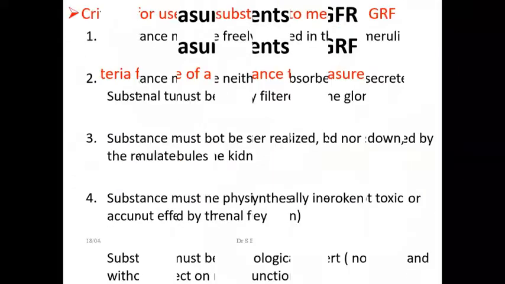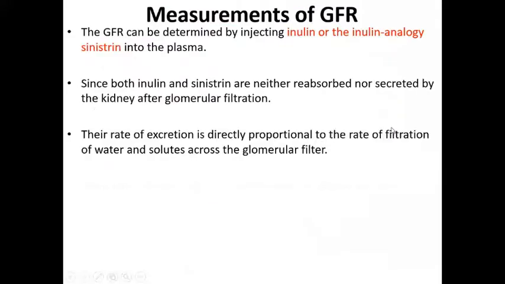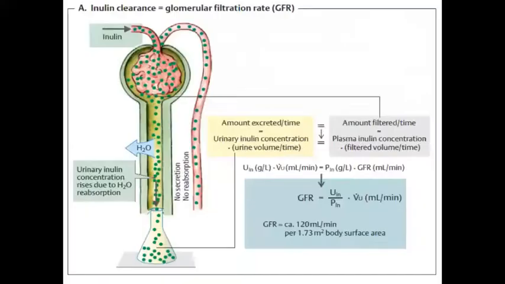Remember, the previous equation said the glomerular filtration rate is about 125 milliliter per minute. Even this new equation, which is more practical, gives similar values: 120 to about 125 milliliter per minute.